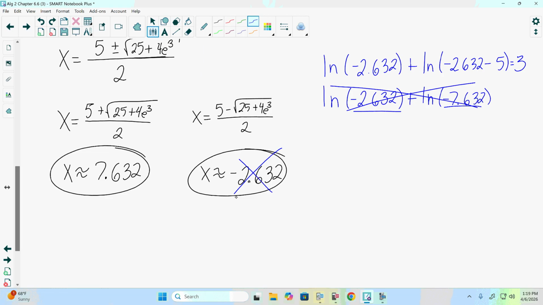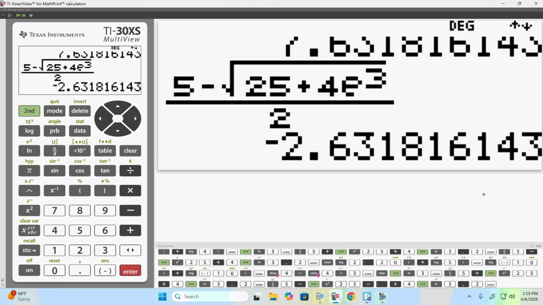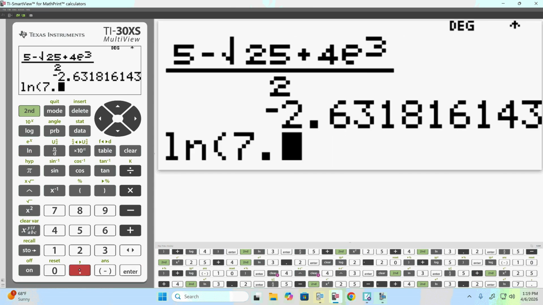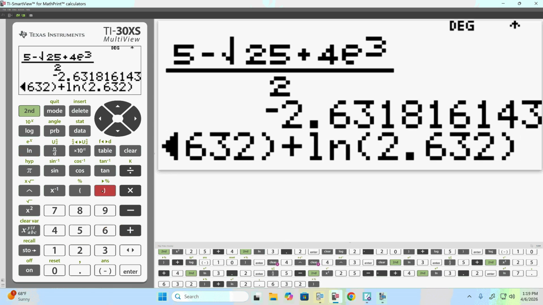Now checking 7.632, both are positive. And it should come out close to 3.